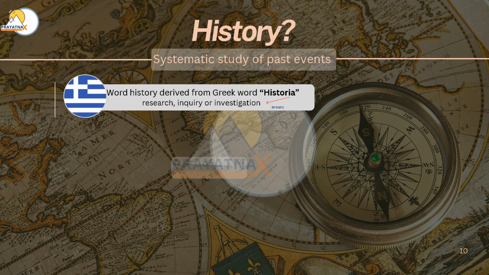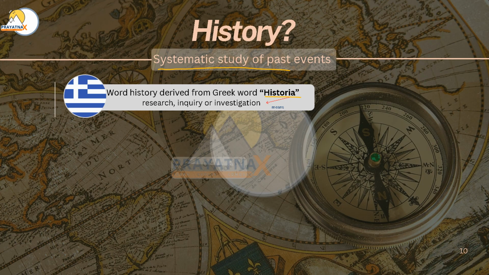Now, how do we study the past? Before moving on to this, we'll see history is basically a systematic study of past events. The English word history itself is derived from the Greek word historia, which basically means to research, inquire, or investigate.